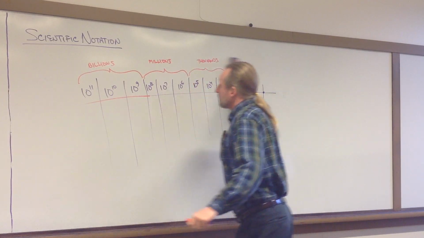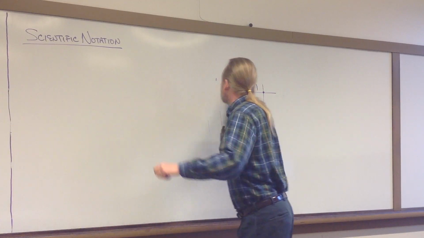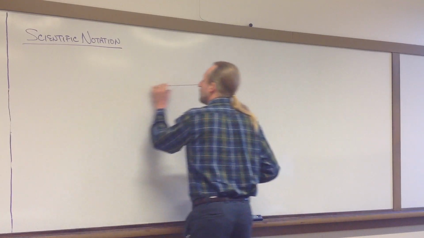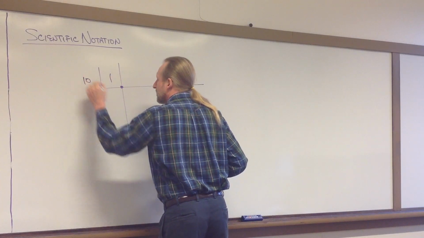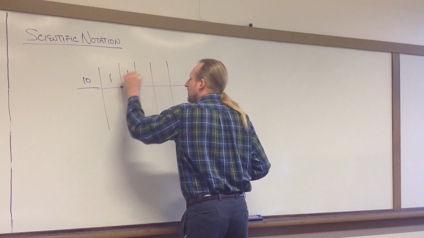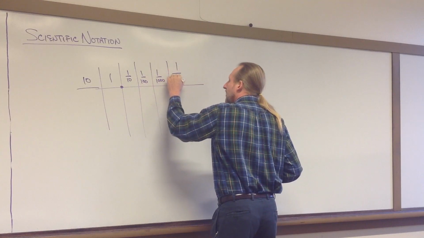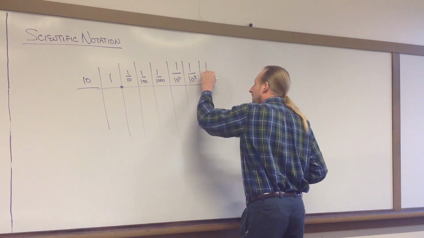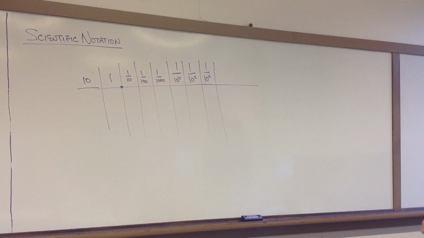Oh, let's look at the negative powers of 10, which are fractions. Okay, let's see here. So now let's put a place value here, put the decimal point here. There's the ones and the tens. But going back this way, you've got tenths, hundredths, thousandths, and again, at some point, it just makes more sense to use powers of 10 than it does to continue writing those numbers with all those zeros.